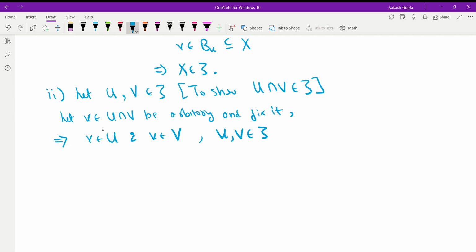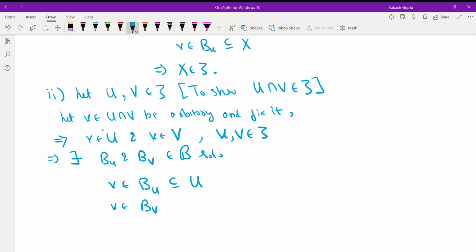So this implies there exist, say, b suffix u and b suffix v in script B such that x belongs to b suffix u, which is contained in capital U, and x belongs to b suffix v, which is contained in capital V. That is by the definition of the set, because the topology is defined like that: the collection of all subsets which have this property for every point.